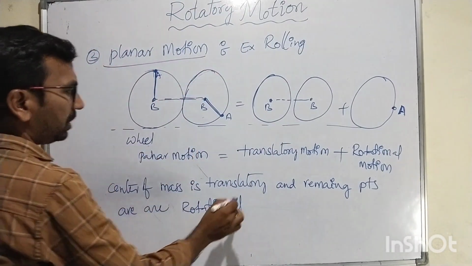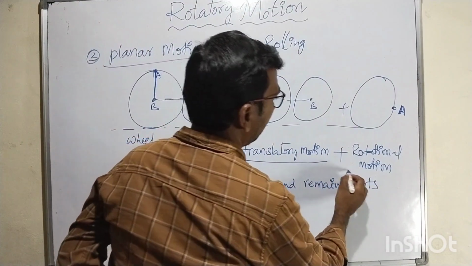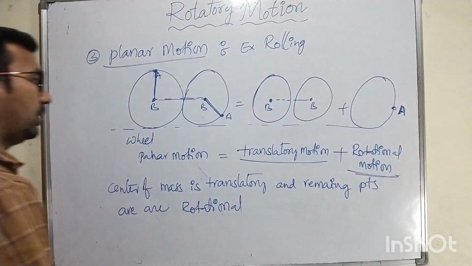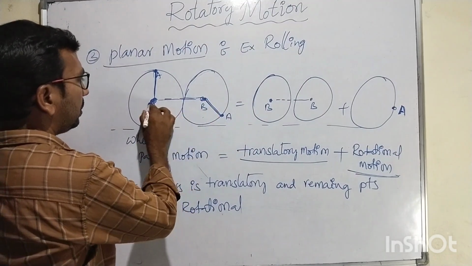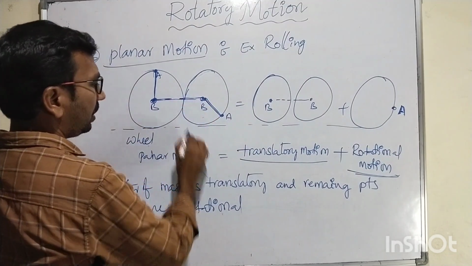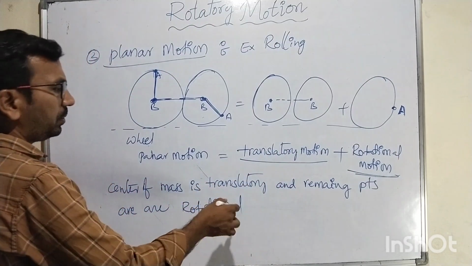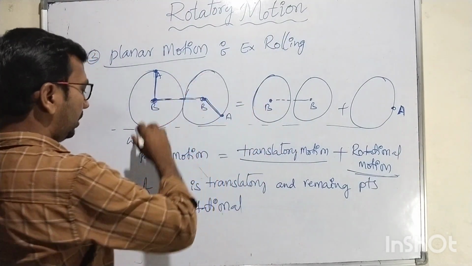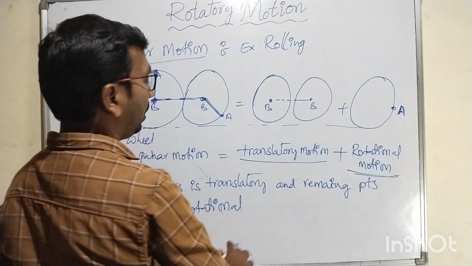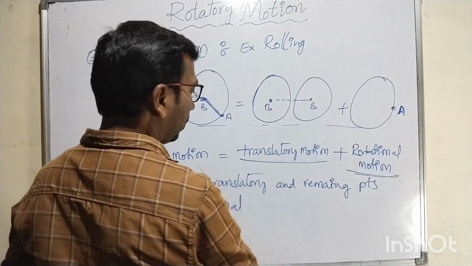Planar motion is a combination of translatory motion as well as rotational motion. Here point B acts as the center. So this point B always moves in a translatory motion, and any other points you take move in a rotational motion. All other points move in a rotational motion.